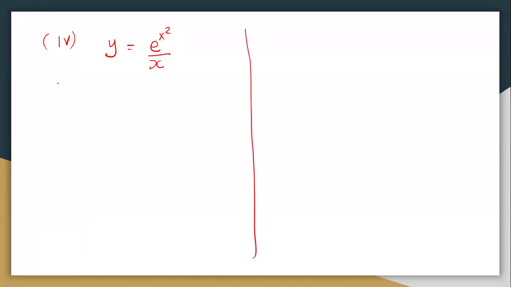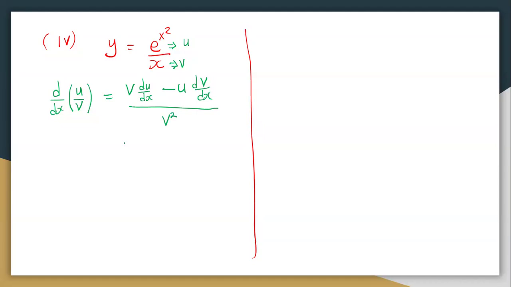We know very well that d/dx of the function u over v, whereby u is the numerator and v is the denominator. So you need to first identify what is your numerator and what is your denominator. So this will give us v du/dx minus u dv/dx, everything over v squared.